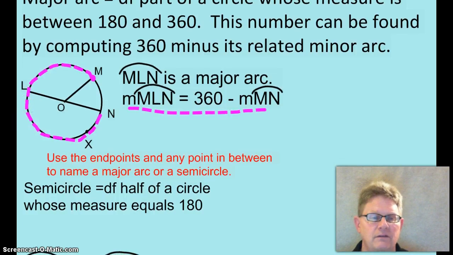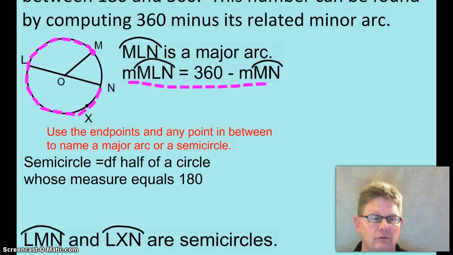A semicircle is defined as half of a circle whose measure equals 180. So if you look at this diameter LN, segment LN, that cuts the circle into two semicircles.